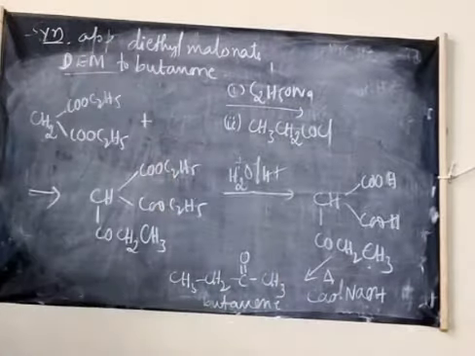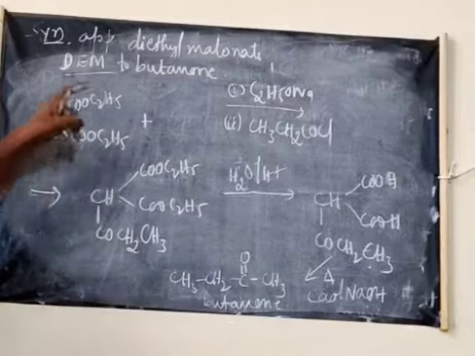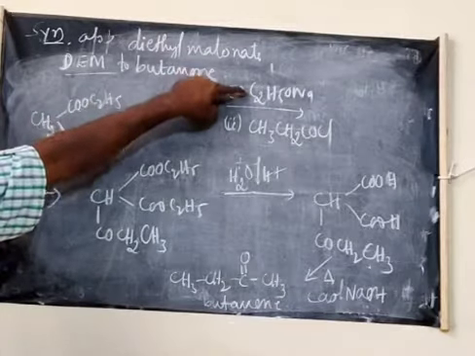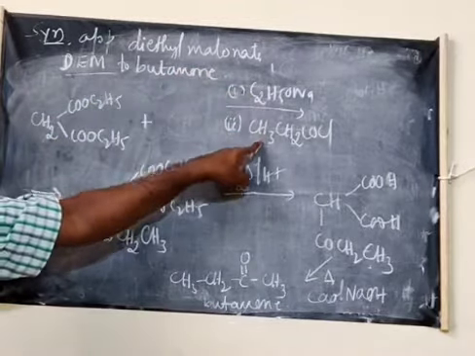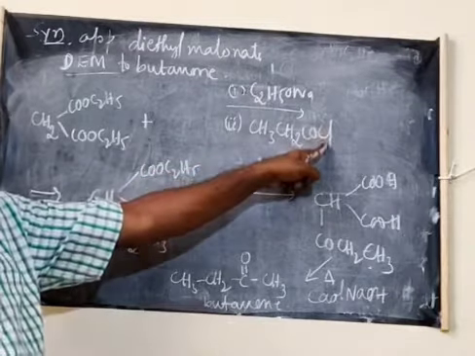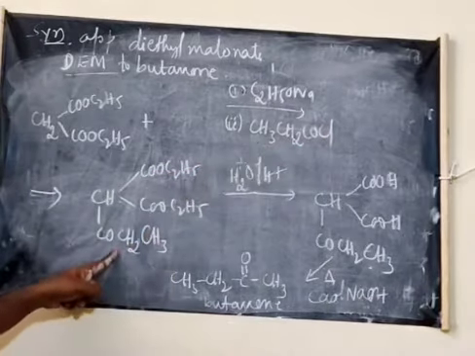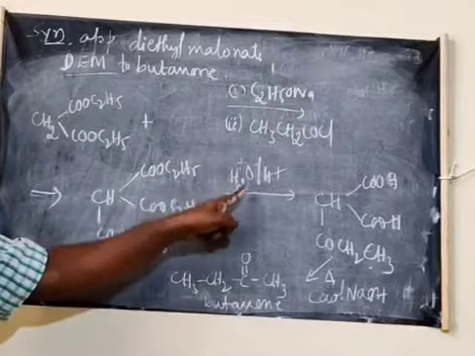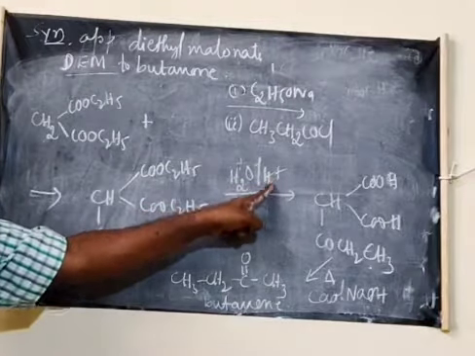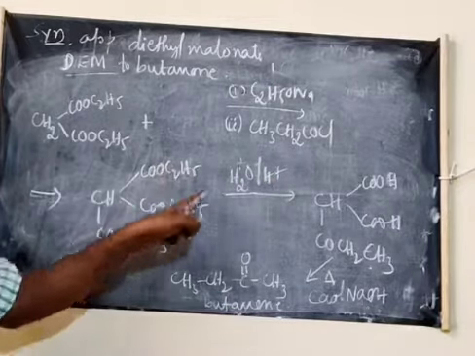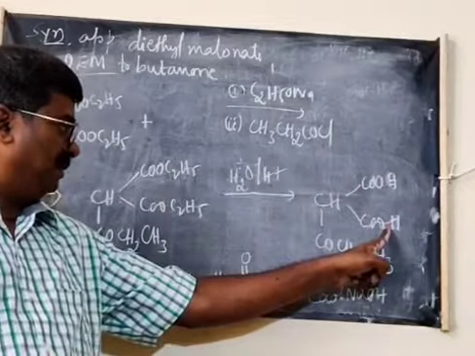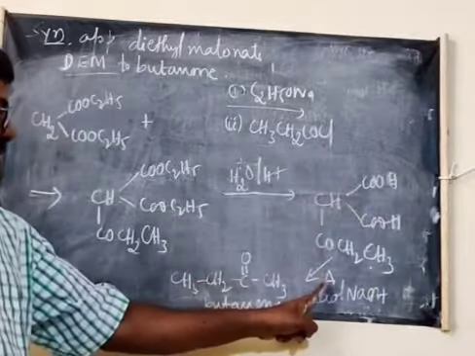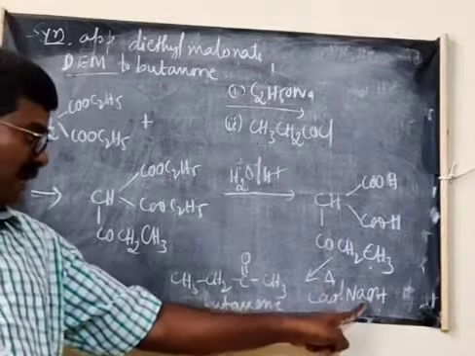DEM treated with sodium ethoxide and then with propanoyl chloride forms this intermediate. This intermediate on hydrolysis with dilute acid, the ester groups are converted to carboxylic groups. So this is heated with soda lime.